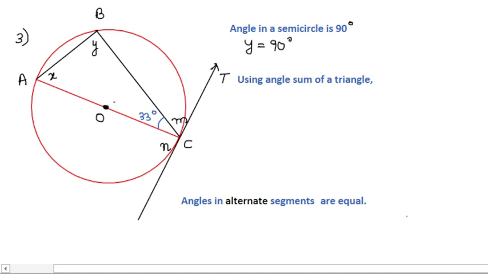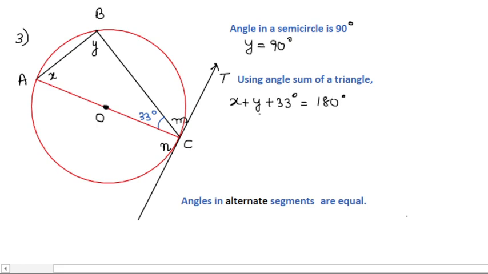Now in this triangle, it is easy for me to find x because now I know two angles in this triangle. So I use the angle sum of a triangle, which means when I add all three angles of a triangle, so x plus y plus 33 degrees, the angle sum is always 180.